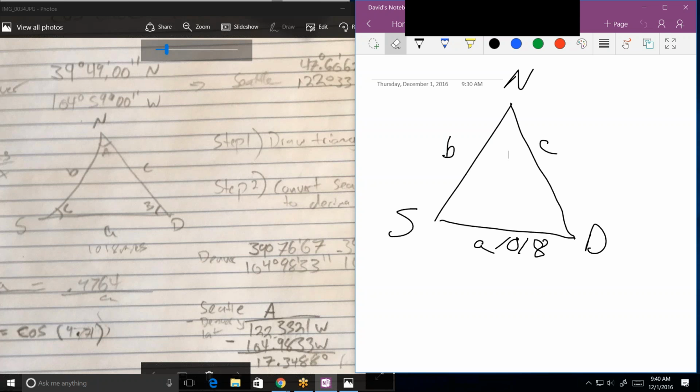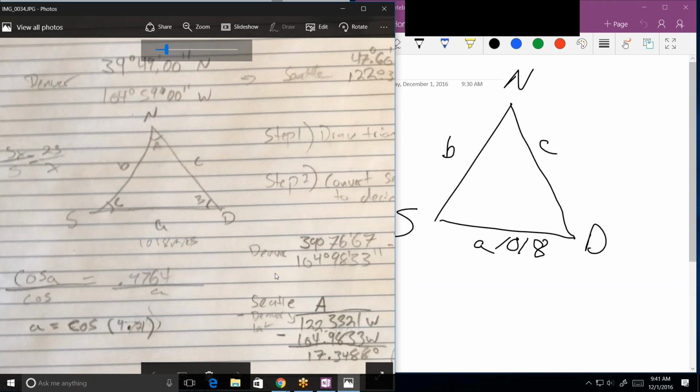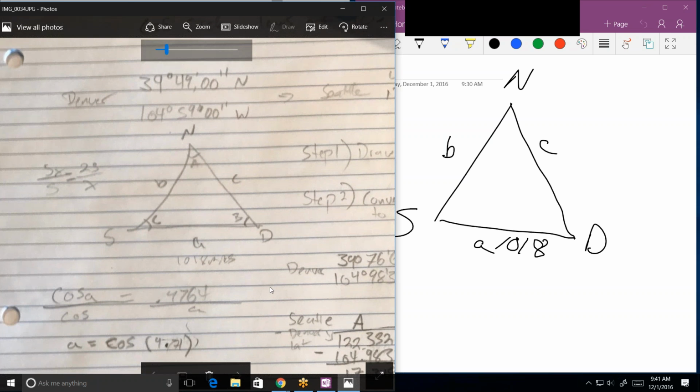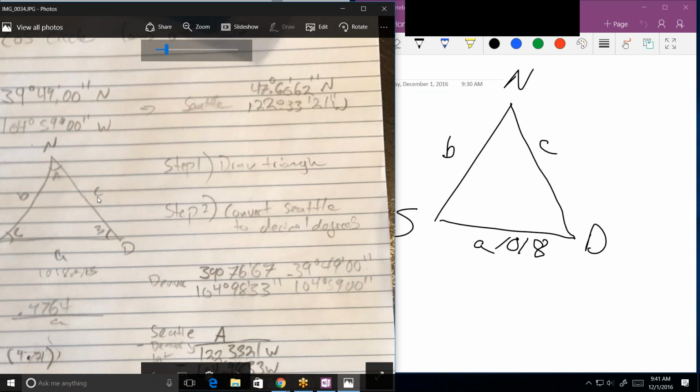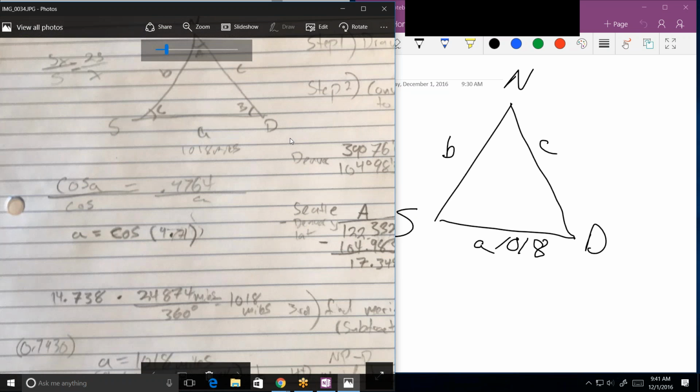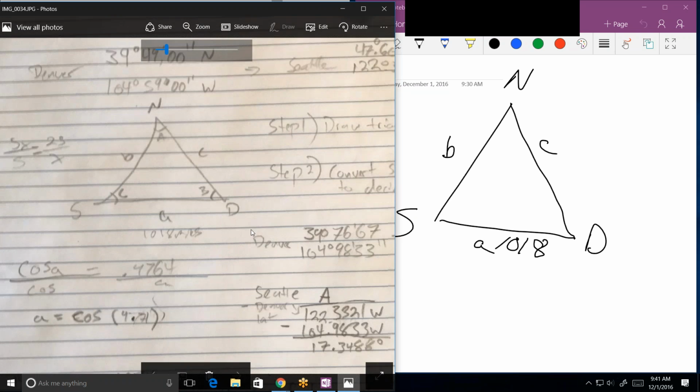So we know we can get the distance between Seattle and Denver, right? We've got that. How did we get that? Because if we can get that, we should be able to get the distance between the North Pole and Denver and also the North Pole and Seattle. So we came up with the 1018.